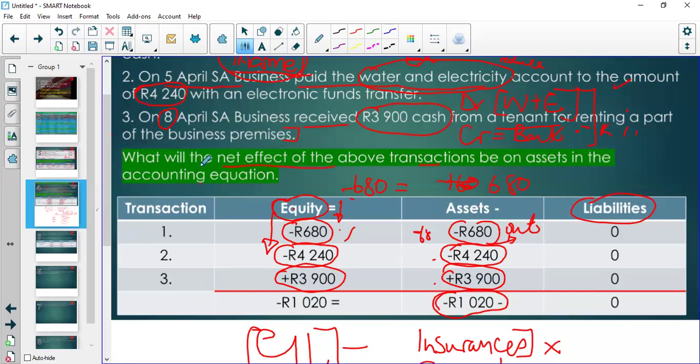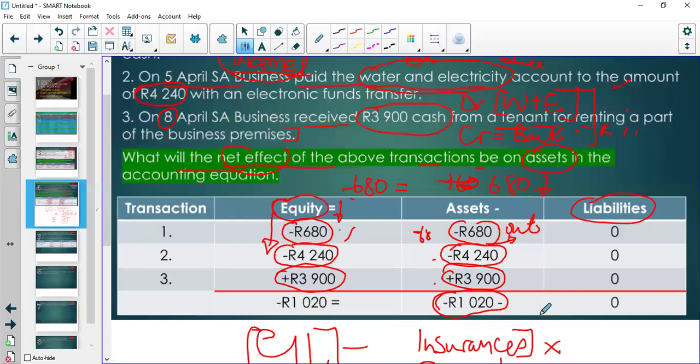The question says, what will the net effect of the above transactions be on assets? I did include this equity so that I can demonstrate, but the question required just assets. When you go through the assessment, there is a space where you can type in the effect, and then they give you the instruction: if it is a negative, do this, and what to do with your decimal places.